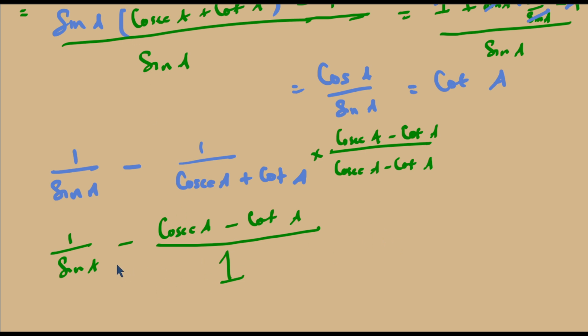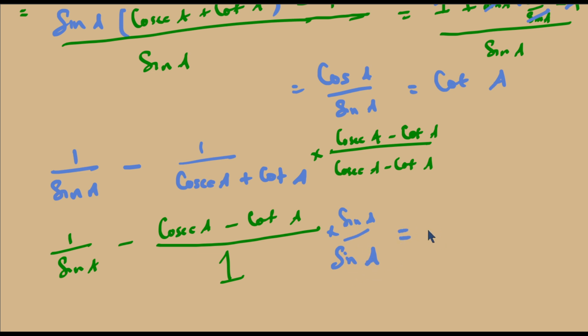And now once again multiply this by sine A by sine A, because we need an LCM, so that we can subtract both these expressions. So what do you get ultimately? I'm sorry, I've written cos A here. You multiply both numerator and denominator by the same expression so that the value is unaltered. So sine A by sine A.